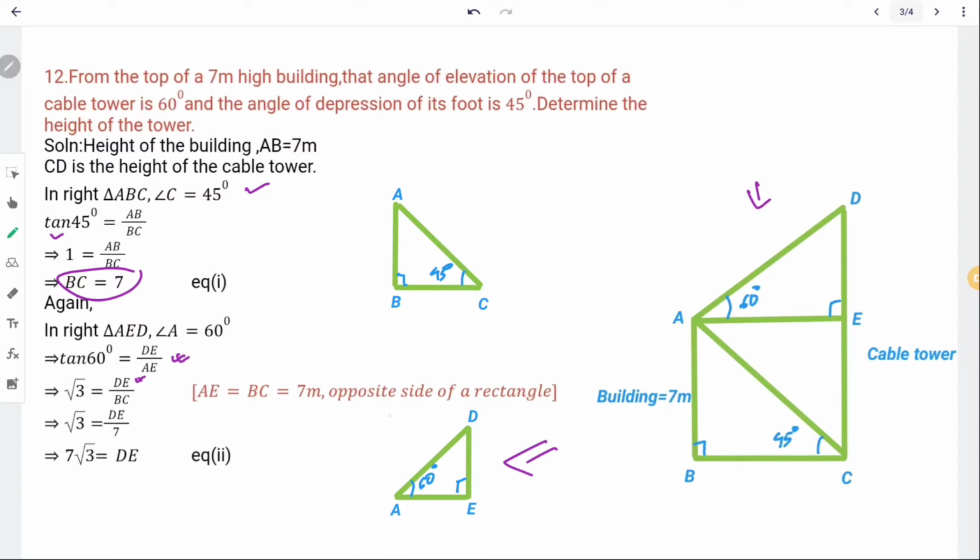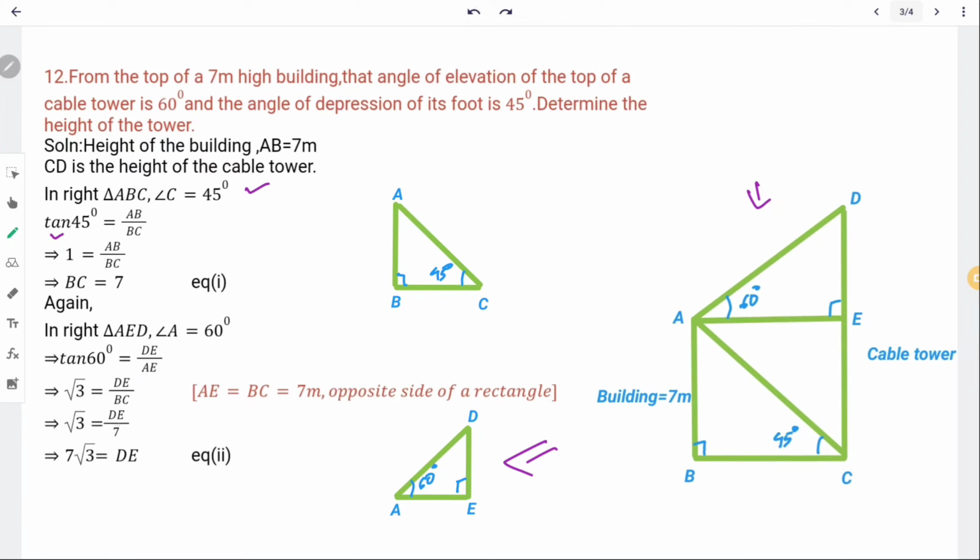Also remember that AE is equal to BC, because they are opposite sides of a rectangle. So in place of AE, we can write BC, which is equal to 7 meters.